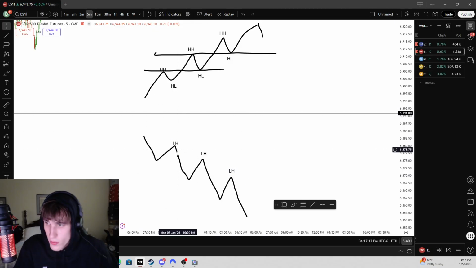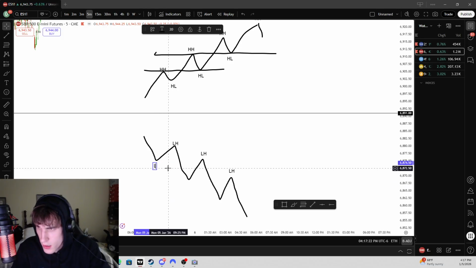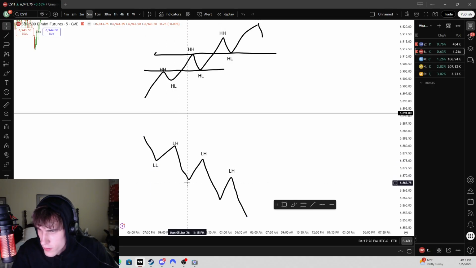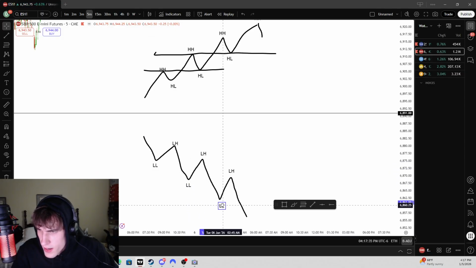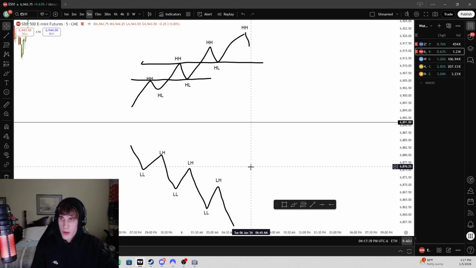And then what do we have? What comes after lower high? Lower low. So we got lower highs and lower lows. That's how we're able to identify the trend. So take a screenshot, whatever you want to do for that.